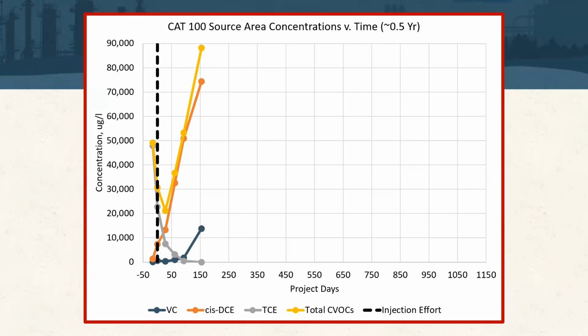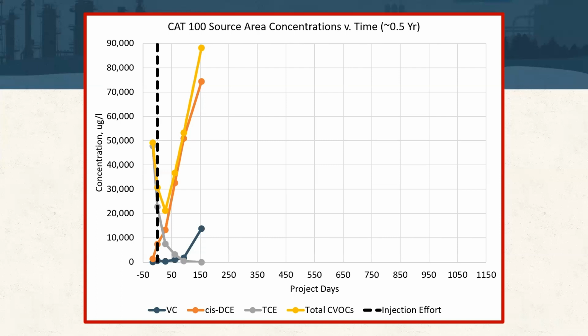And about day 150, about half a year into the project, I would consider this sort of a response that you would expect on another ERD site. The TCE did degrade very, very quickly, which is something that we see on other CAT sites as well. Even at close to 50 milligrams per liter, that was non-detect at 150 days.